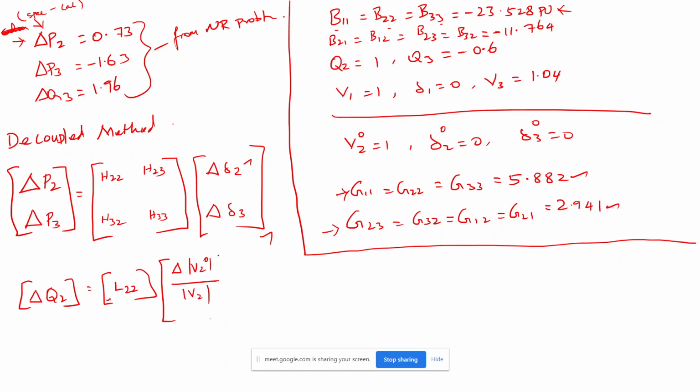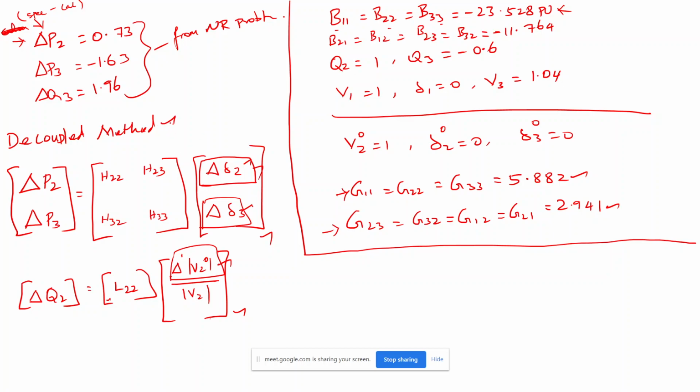If I solve these two equations, I can get my delta 3, and I will get my change in voltage of this value. My aim is to find out these unspecified values using the decoupling method.